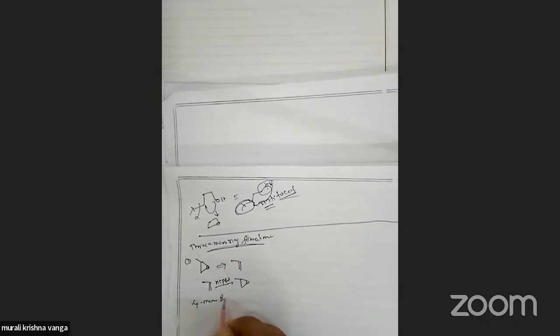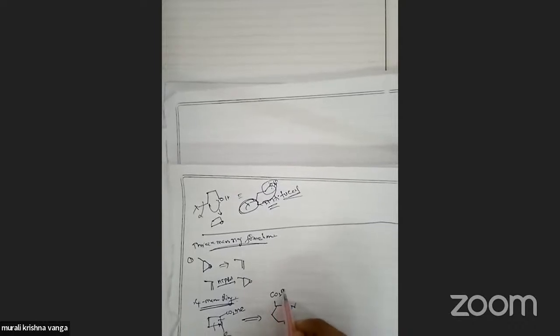Next is four-membered ring formation. Here I am taking one example. This is a four-membered ring; it undergoes bond cleavages, giving bromine, bromine, ester, and RNH2.